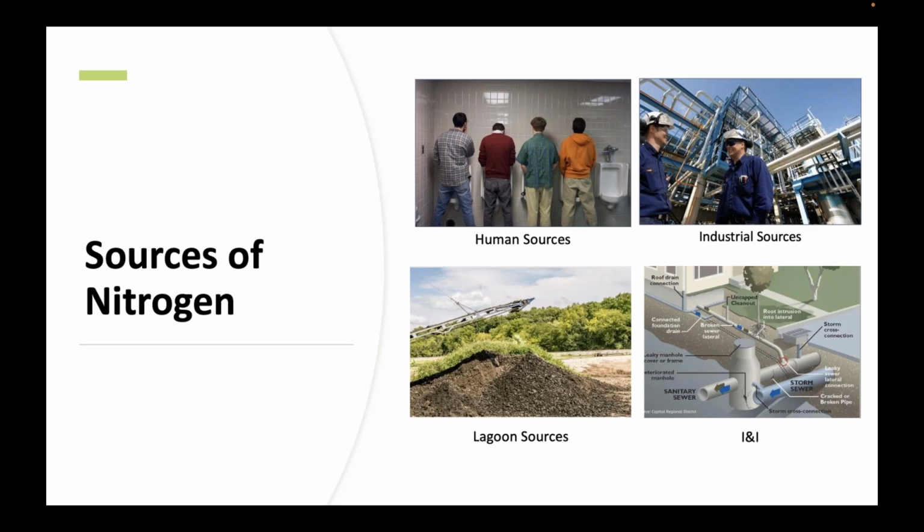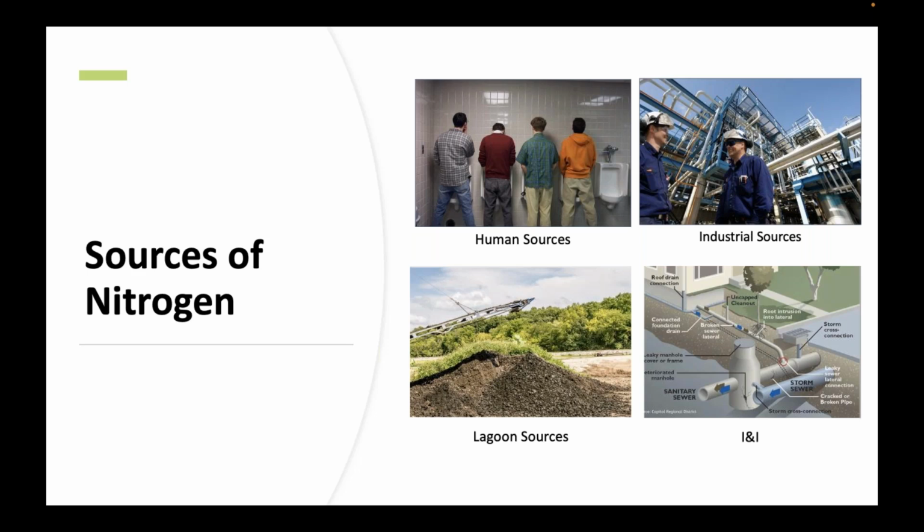The only reason I could figure was that they might have been getting some infiltration from the farm fields. Obviously the farmers are putting fertilizer on the fields, and some of that fertilizer has ammonia and nitrogen in it. That is seeping its way into the pipes and ultimately ending up at the plant. That was my theory. Never got a chance to actually prove that, but this is where it can come in from: I&I.